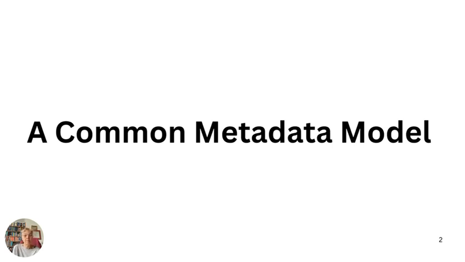A common metadata model has everything to do with how we find things. If you remember, FAIR stands for findable, accessible, interoperable, and reusable. So the common metadata model is very much related, first of all, with how we find things.